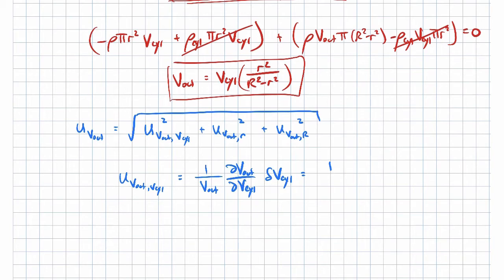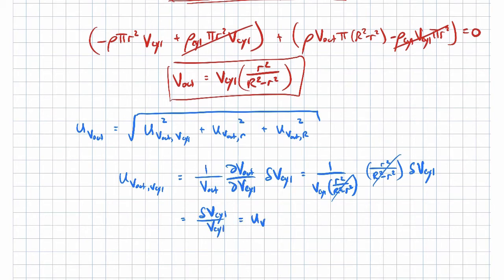So we can substitute in. dV out over dV cylinder will just be little r squared over capital R squared minus little r squared. You'll see that the r squared terms cancel out, and what we're left with is just the absolute uncertainty in V cylinder over V cylinder, which is just the relative uncertainty in V cylinder. So that's that term.